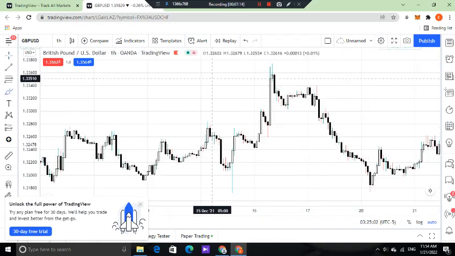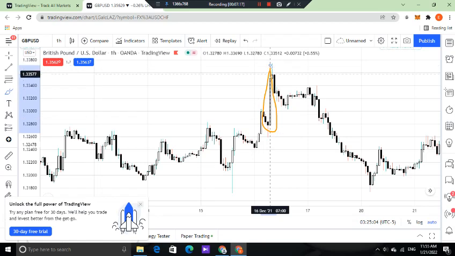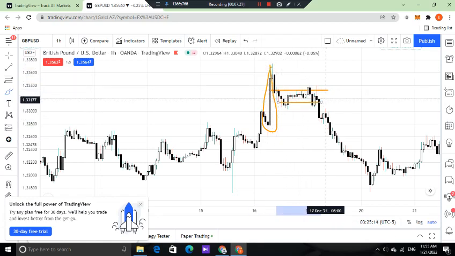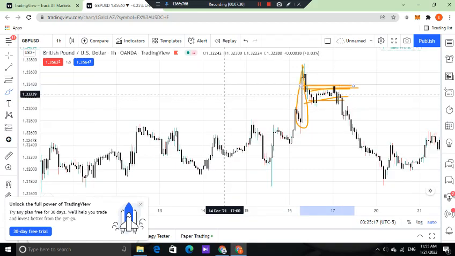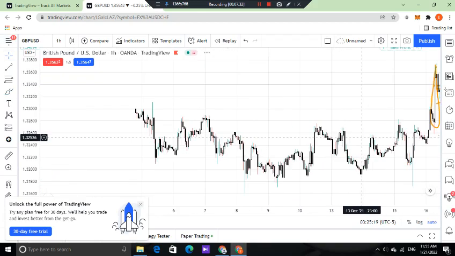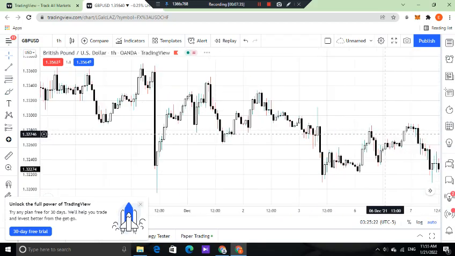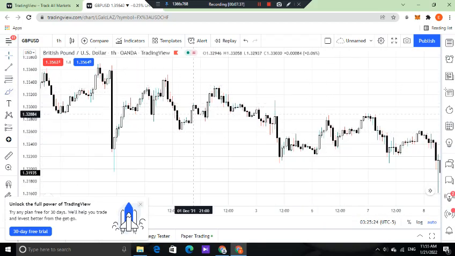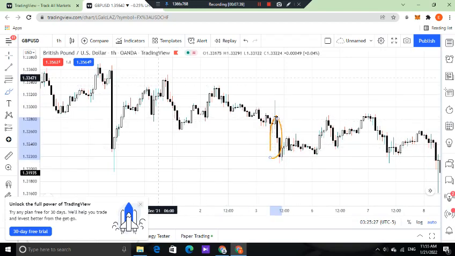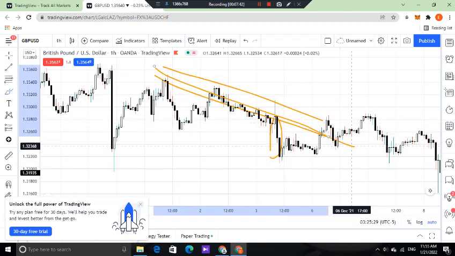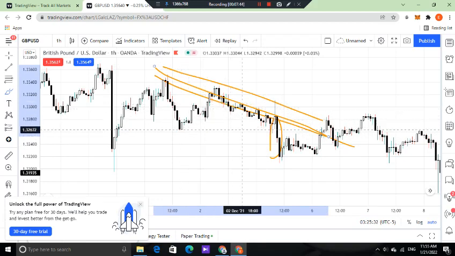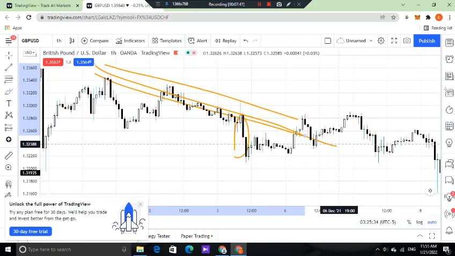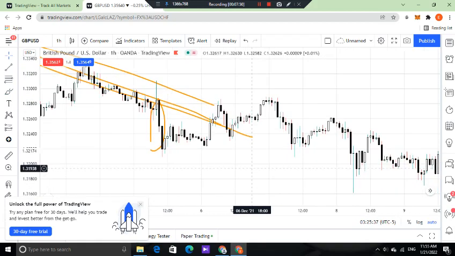This one is definitely a climax, an exhaustion gap, and after this kind of big long bars we expect to see profit taking. Bulls take profit and they become more cautious. This one is exhaustion because we had this bear trend already, and when you see this, we expect a change in direction.